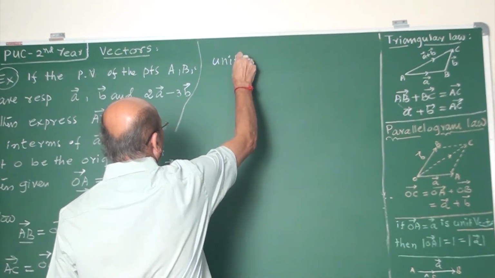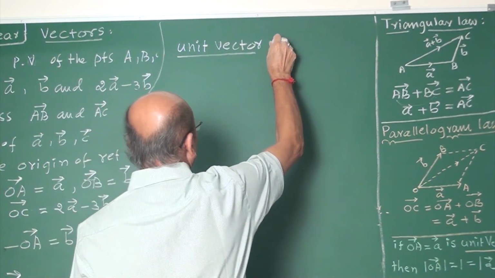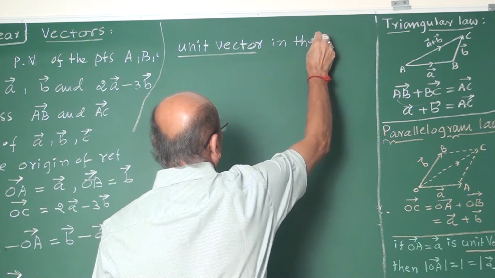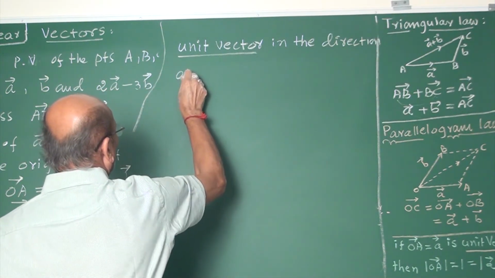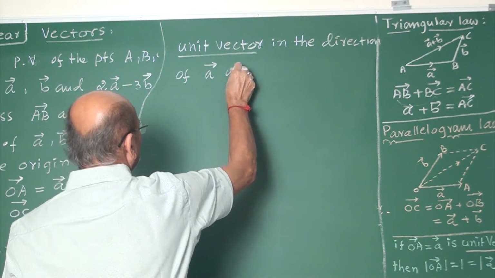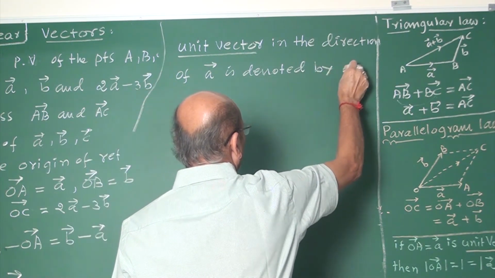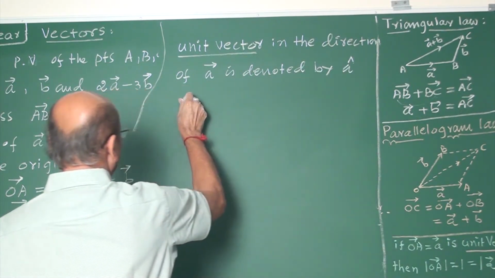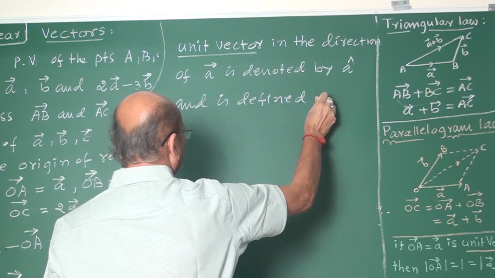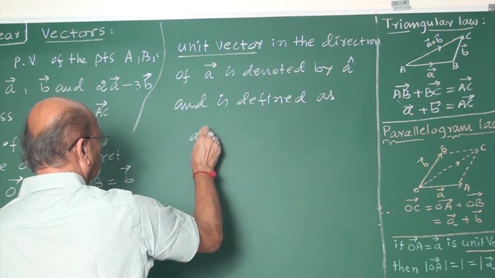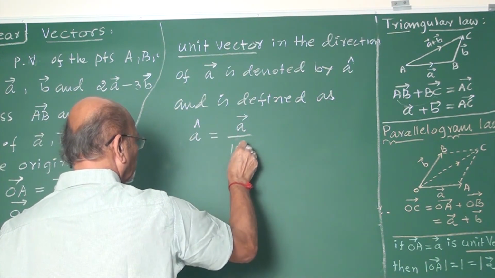Unit vector in the direction of vector A is denoted by A cap and is defined as A cap equal to vector A upon its magnitude.